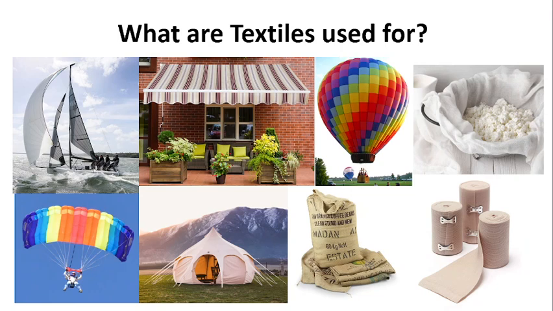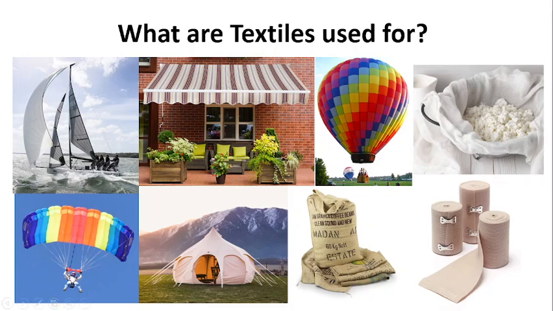However, it doesn't end there. Textiles are used for so many things in this world outside of fashion and interior design, and these are just some examples of the wide-ranging use of textiles. We have sails for sailboats, awnings for architectural structures, the fabric used in hot air balloons and parachutes, and tents, which is also structural.